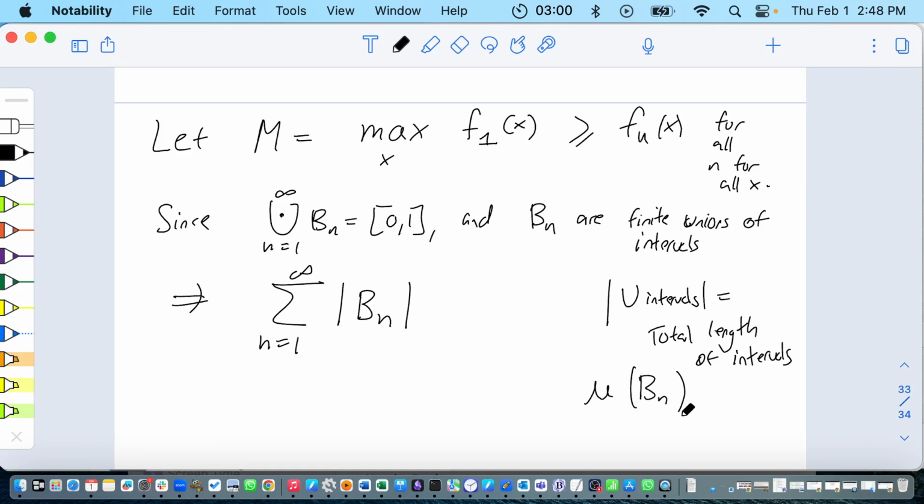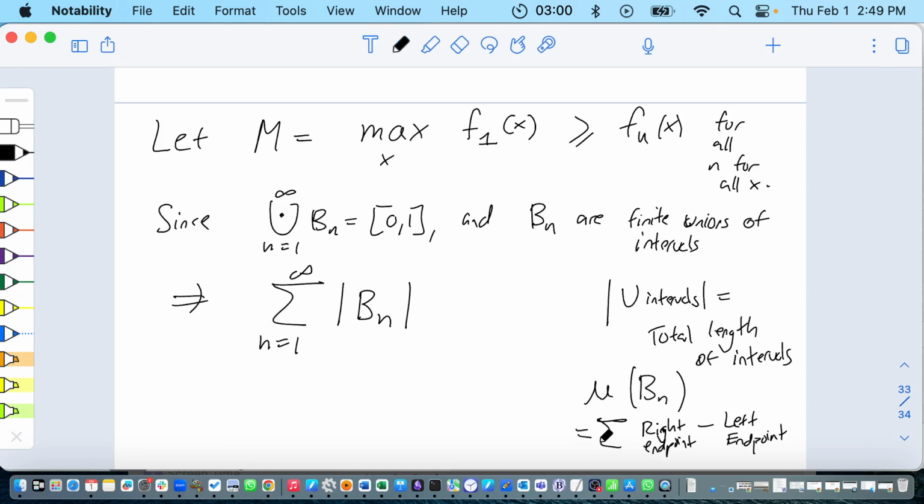The measure in general is quite complicated, but the measure for intervals is what we've been doing. You take the right endpoint minus the left endpoint, and you sum it over all the intervals. So hopefully that makes sense.